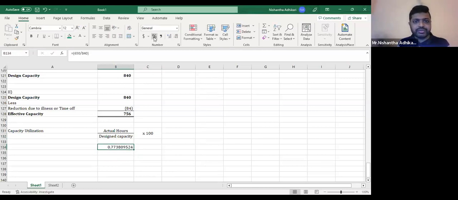As a percentage, it is 77% capacity utilization.